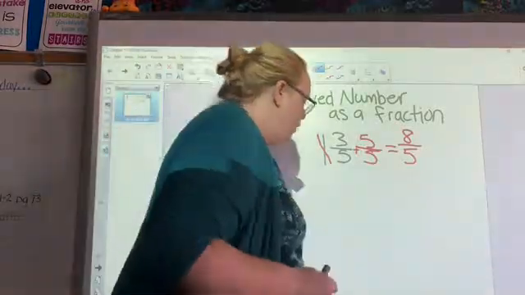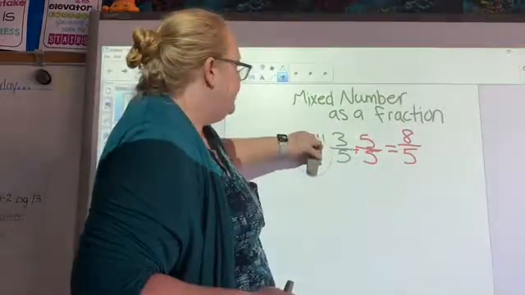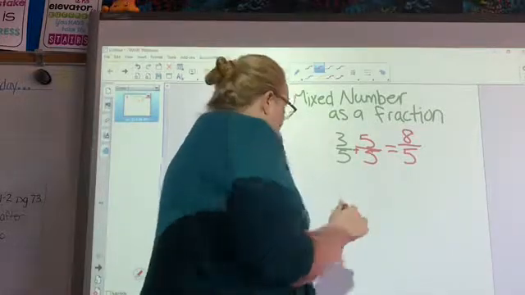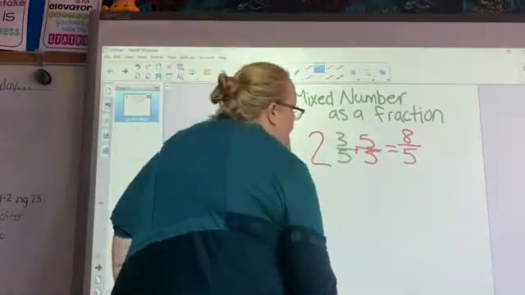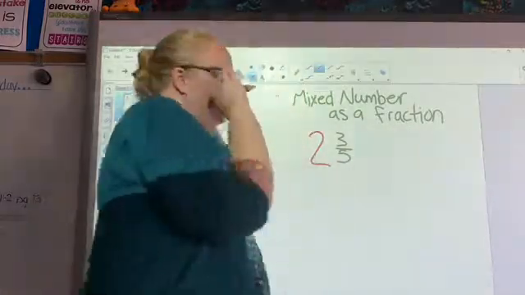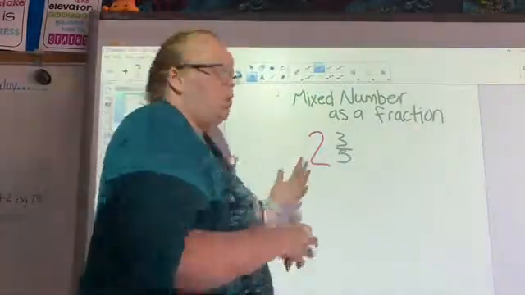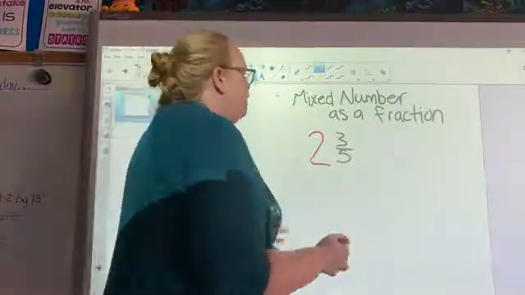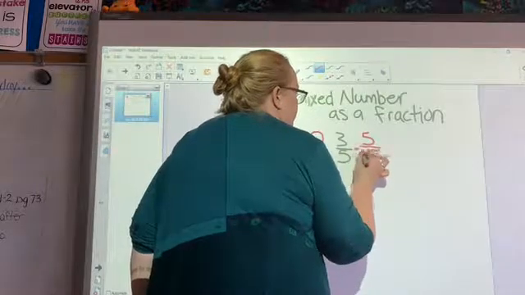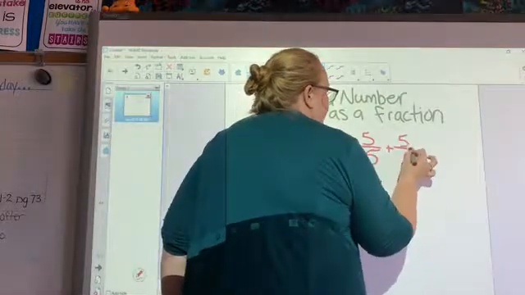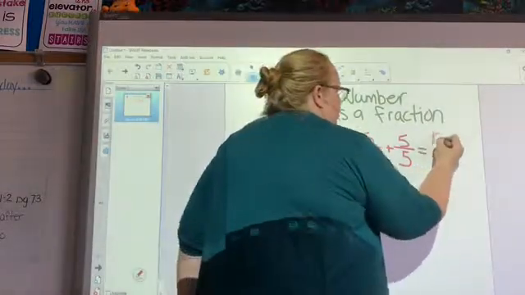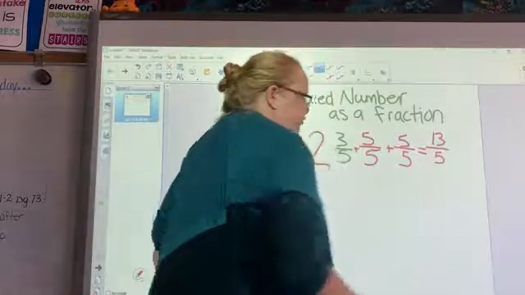So if that 1 wasn't a 1, but instead a 2 and 3/5, your student would need to be able to show me the difference between one whole and two wholes, that in fact it's 5/5 plus 5/5 plus 3/5 to get 13/5 as your fraction.